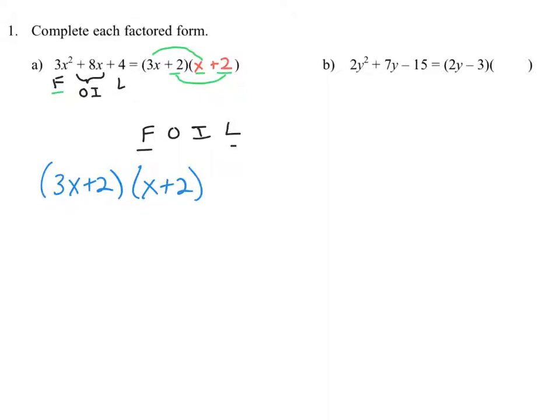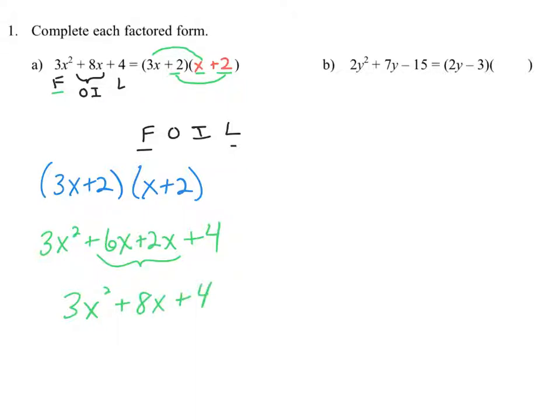But it is really important to check your work here using the FOIL method. And doing that, we have 3x times x would be 3x squared. The outer is 3x times 2, which is plus 6x. The inner is plus 2x, and the last is plus 4. By combining those middle terms, we see we have 3x squared plus 8x plus 4, which is what we started off with.